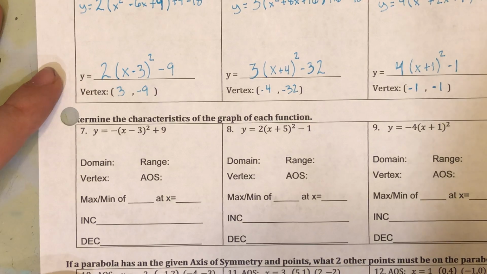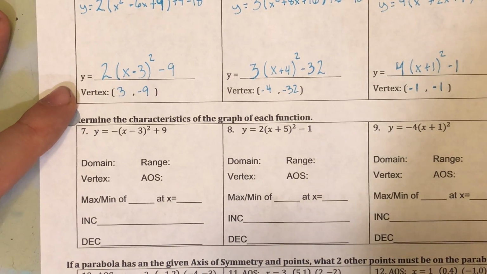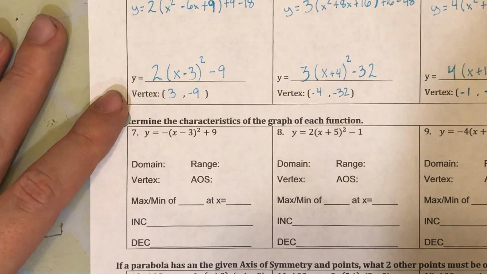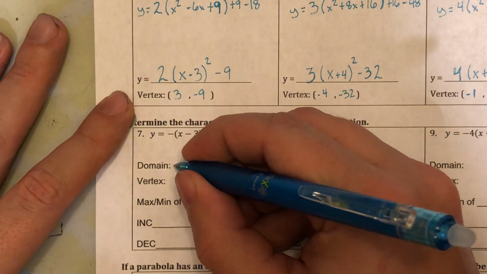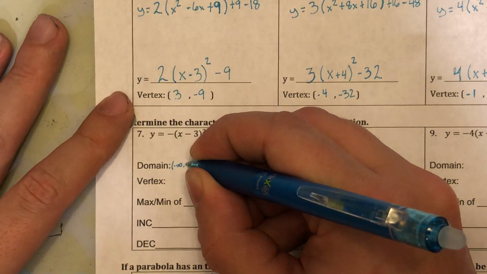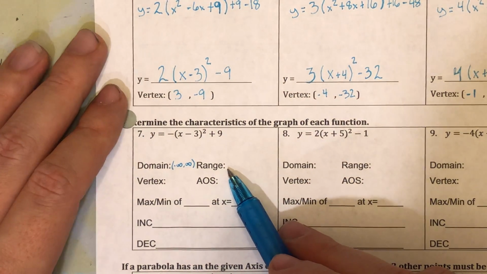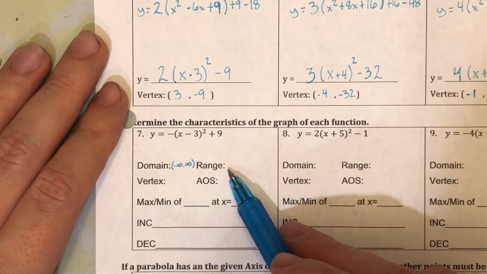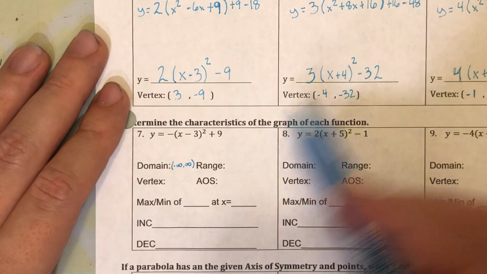For 7, 8, and 9, we are determining the characteristics of the graphs. For all quadratic functions, my domain is negative infinity to positive infinity. To figure out my range, there are 2 things that I need to take into account. One is, does it open up or down?